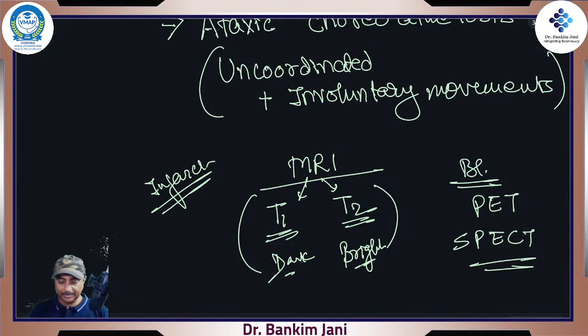It is because of the technique in which the magnetism is imposed, and as the atoms change and start releasing energy, that energy is captured by the scanners, and then by Fourier analysis it is converted into a picture. So this is like a timing difference. When we discuss the MRI principles at length, things will be more clear.